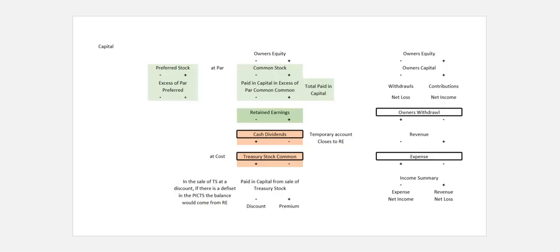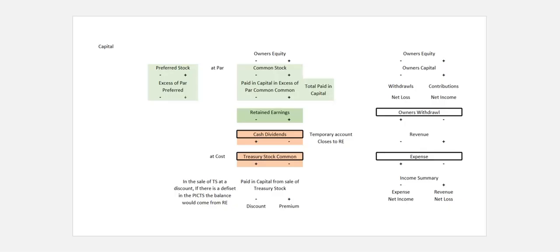So again, we have another account. These are contra accounts, they're boxed. We have another account, paid in capital from the sale of treasury stock. So this would be when we sell it. If we sell it at a premium, it would have a normal balance here. When we sell it at a discount, we'll be debiting it.